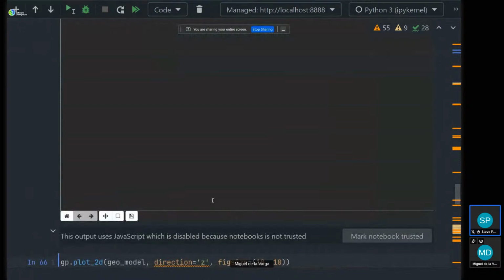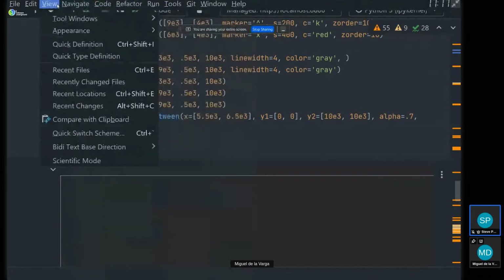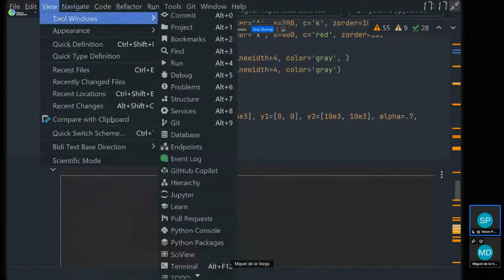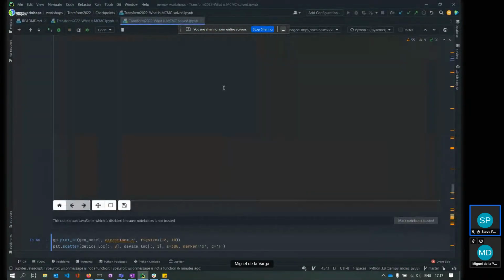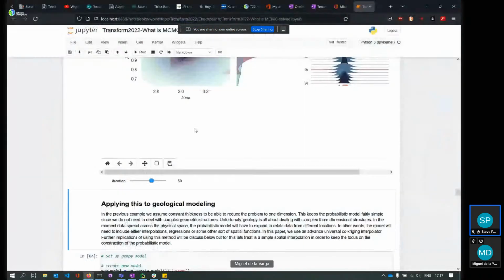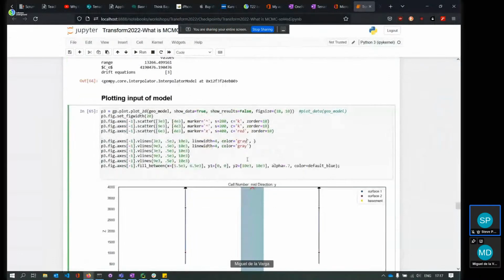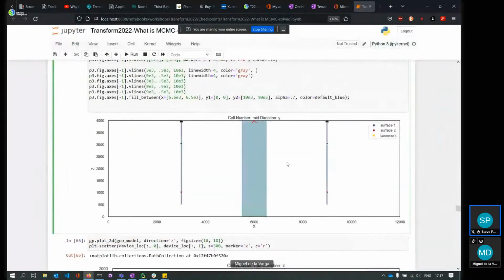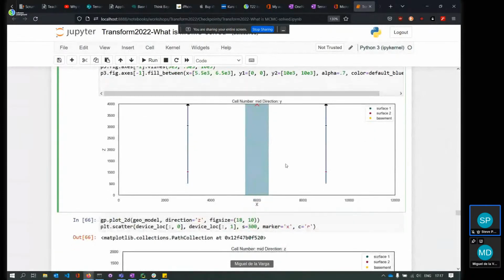So I think once again, I'm going to wait for the plot to explain what we are seeing. I'm going to go to the usual notebook because here PyCharm is doing some weird stuff. Yeah, so I think that here we can see it better. So this is our setting.